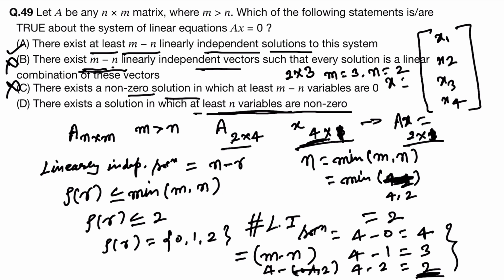There exists a solution in which at least n variables are non-zero. At least n variables are non-zero, this is telling. So let's take another example for this one also to understand.